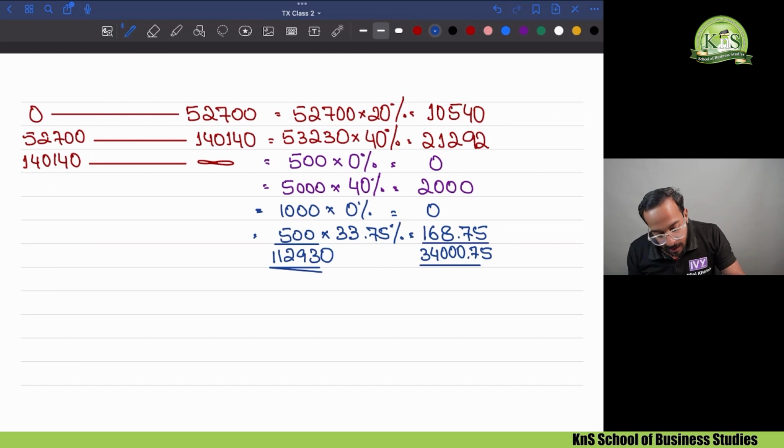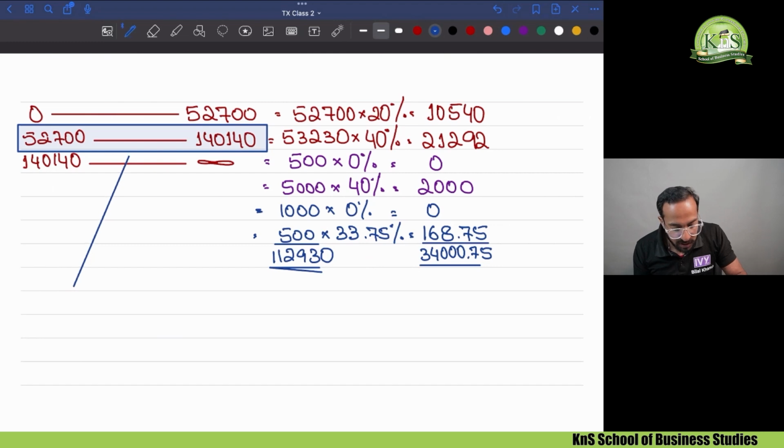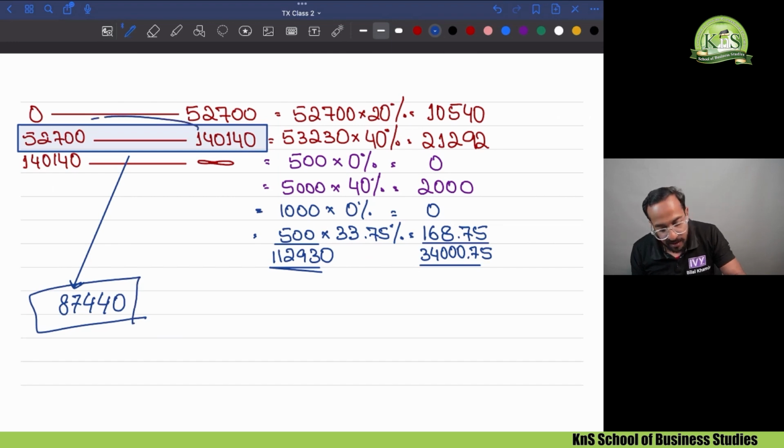Now, as I have already mentioned, the gap between the second slab remains constant, that is 87,440. You can check by deducting this amount from this, right? Because the band is increasing from both sides, the difference will remain the same. You need to check for your better understanding.